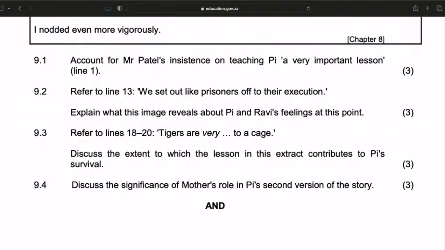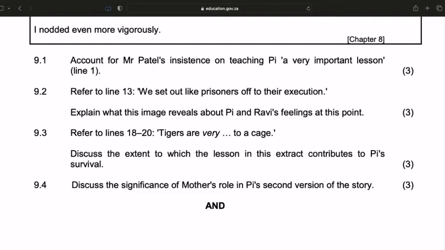So Pi would project human abilities onto animals, and Pi's father found this absolutely dangerous. Pi's father also wanted to create awareness and teach Pi about the danger of animals and that an animal is not your friend.